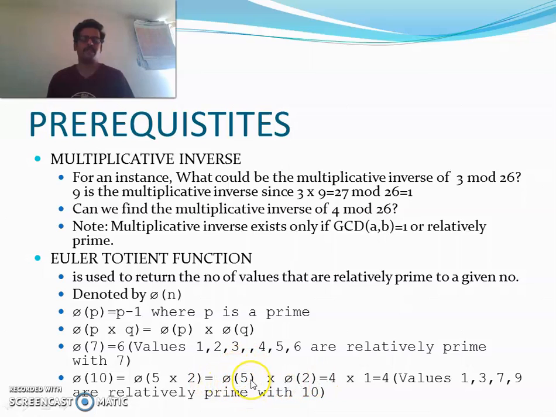Now these are primes, which helps us take the first form, that is 5 minus 1 is 4, 2 minus 1 is 1. So 4 into 1 is 4. Totally there are 4 values that are relatively prime with 10. Those values are 1, 3, 7 and 9. You know that GCD of 1, 10 is 1, 3, 10 is 1, 7, 10 is 1 and 9, 10 is 1.